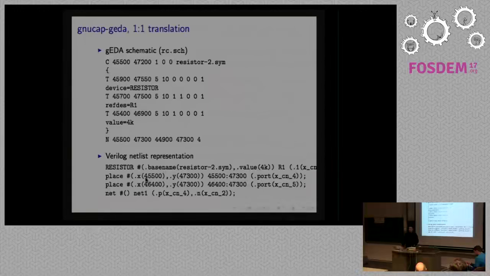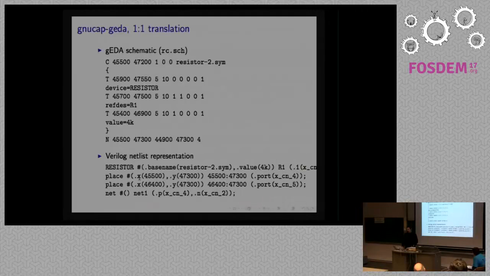For example, there's a net, and it has its places, and places are attached to the wires. Is this mouse available? Yes, you have these x and y coordinates, which are sort of a standard in Verilog.